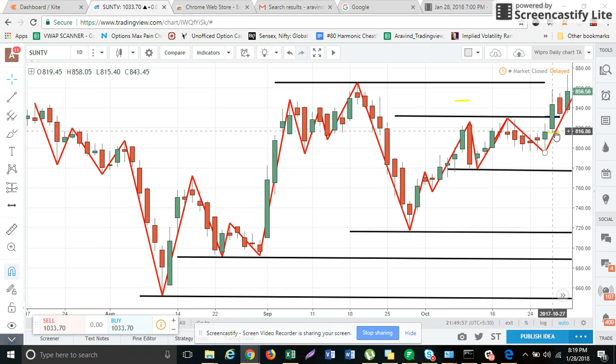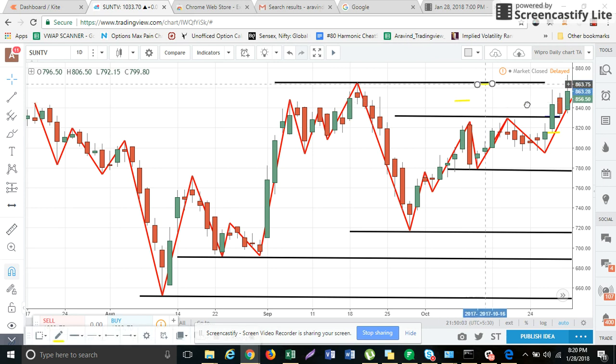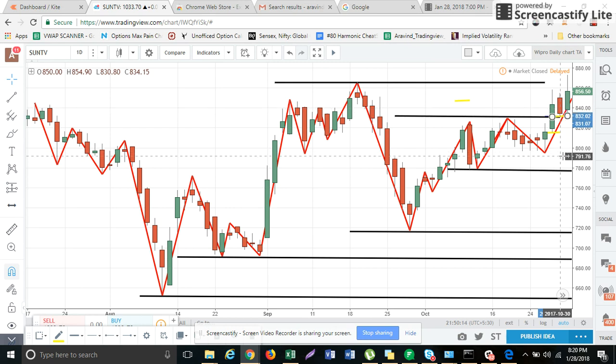So we will simply update our stop loss to this particular red candle low, which is 830.80. So on 31st of October, we updated our trailing stop loss at the previous red candle's low.